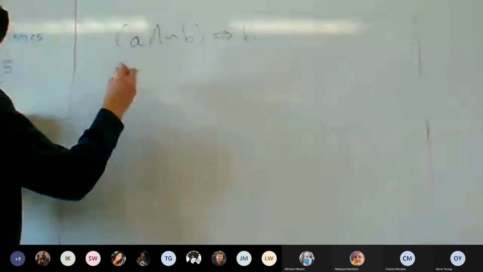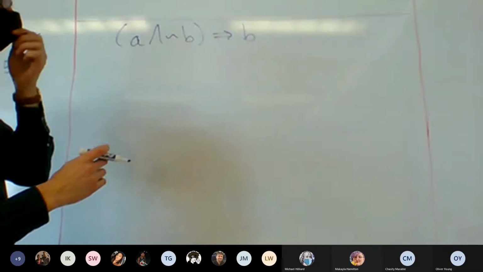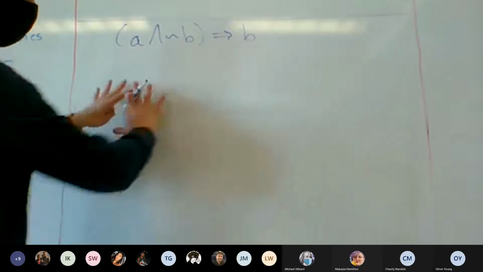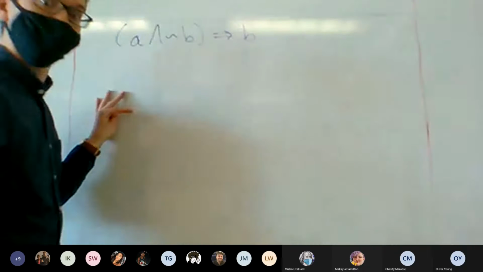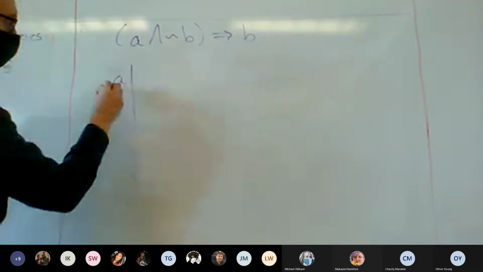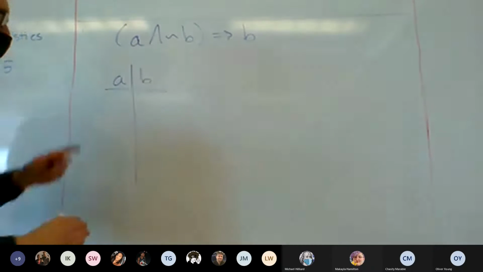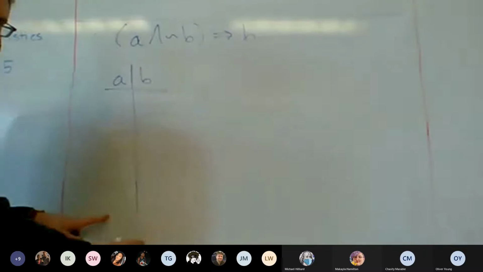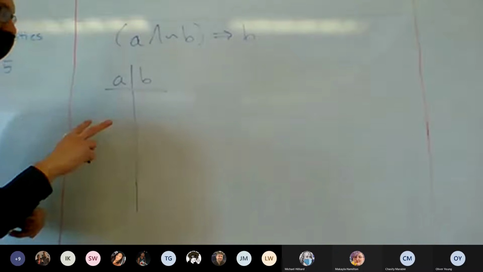So what do we do here? We set up a truth table. Now, when there's a lot of stuff going on like this, you're going to want a fairly wide truth table, so in your notes, just a heads up, you're going to want a fair bit of horizontal space. We're still going to have the first two columns being A and B, and only those four combinations because there's only two letters to begin with.